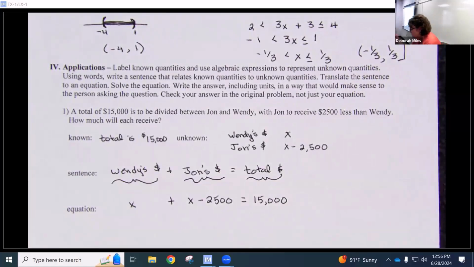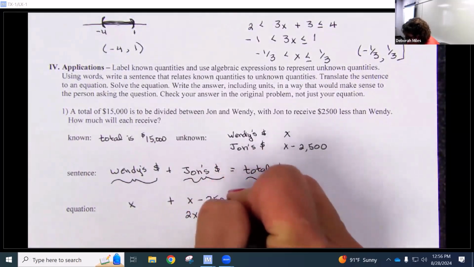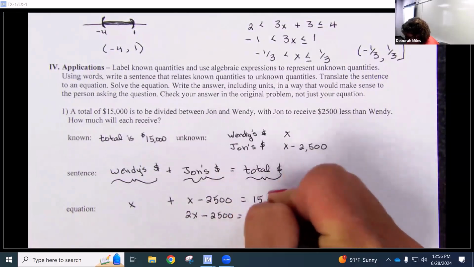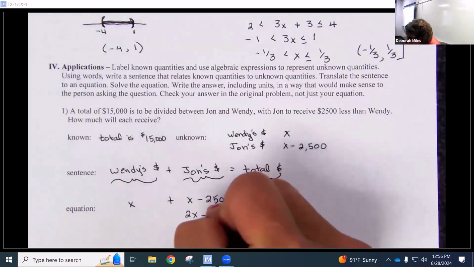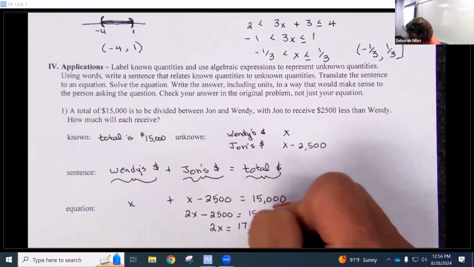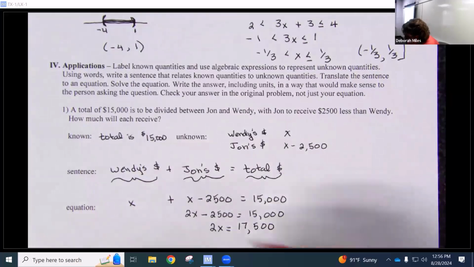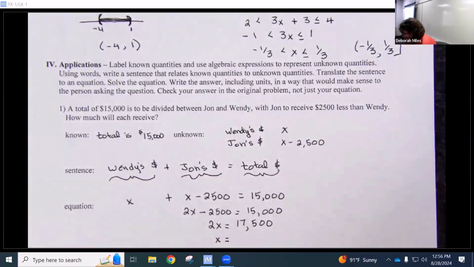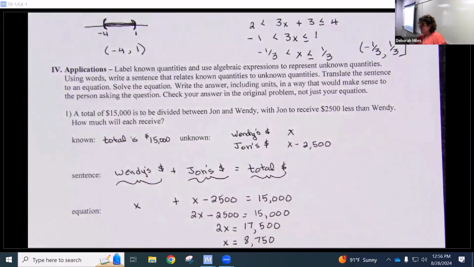And when I solve that equation, I need to combine like terms. Add 2,500 to both sides. And then divide both sides by 2. I think that would be 8,750. Yes, I think that's right.